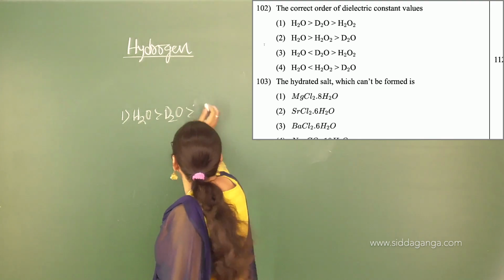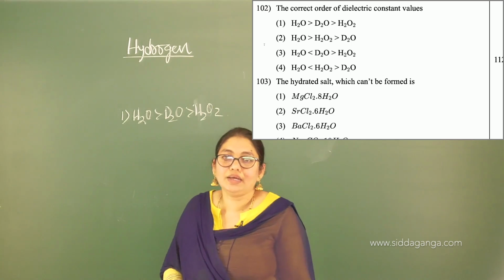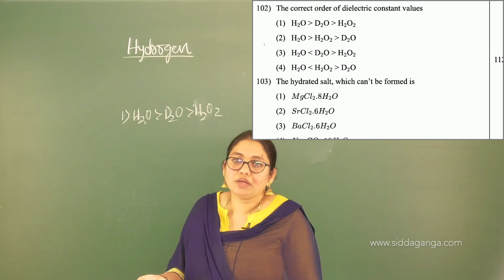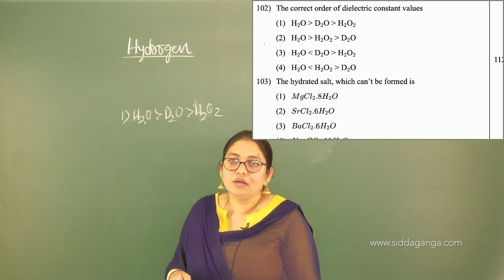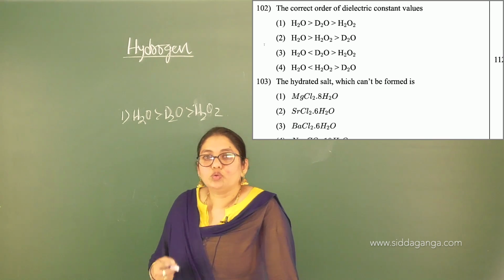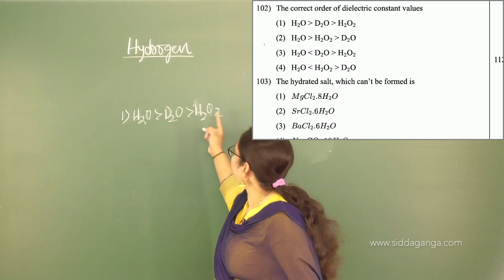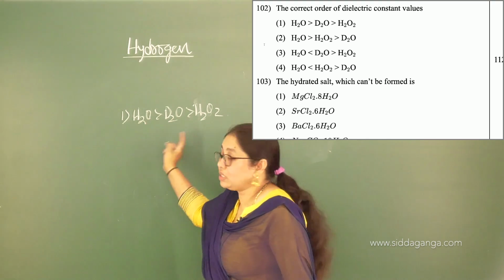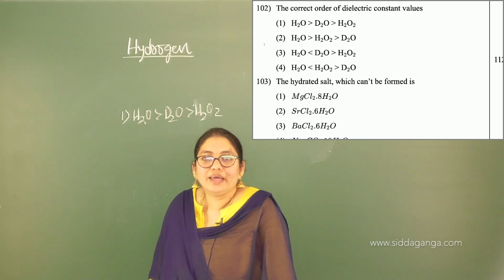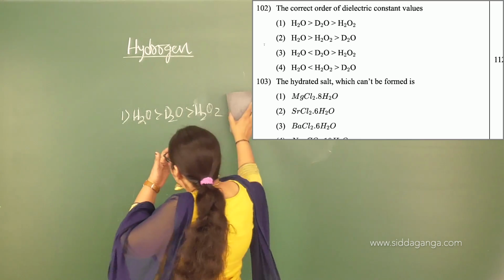If you look at the second example, deuterium oxide is placed last, and in the third example it is wrong actually. So option 1 is the correct answer. Remember these 2, these are very important. Always heavy water has a lesser dielectric constant than normal water. Next question.